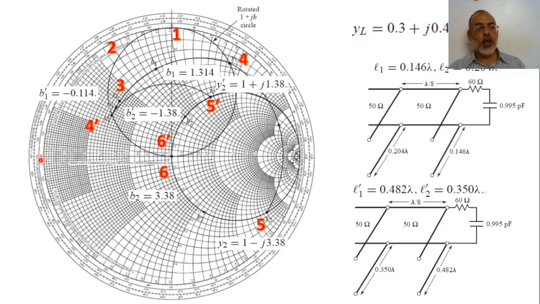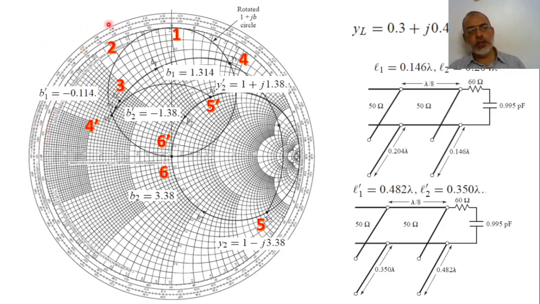Okay, and if we are starting from input susceptance of open circuit 0, and we are going to move toward the generator, moving toward the generator is in this direction, so we are going to move until we intersect with the point 1.314, and we are going to measure the distance from this point to this point.